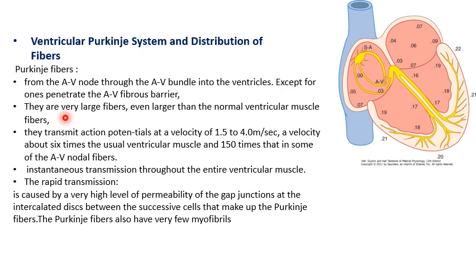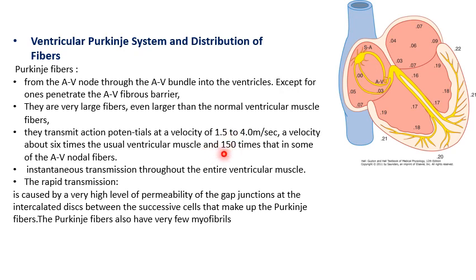Their function is to transmit the action potential very fast, and the velocity is about 1.5 to 4 meters per second, which is 6 times higher than the usual ventricular muscle velocity of conduction.